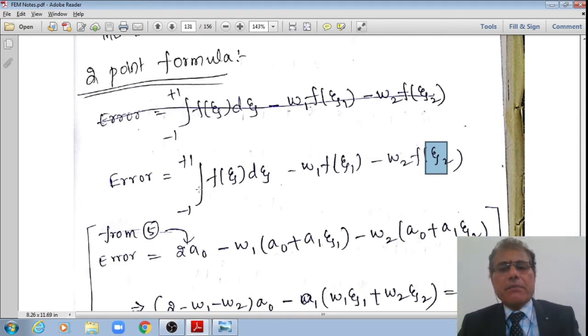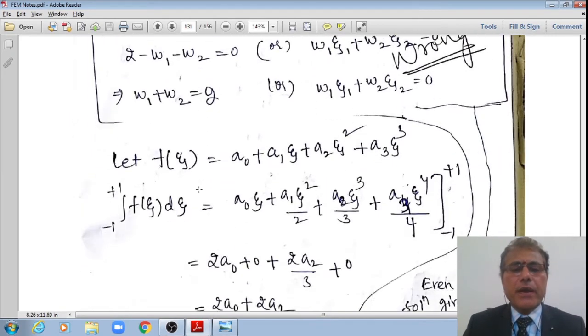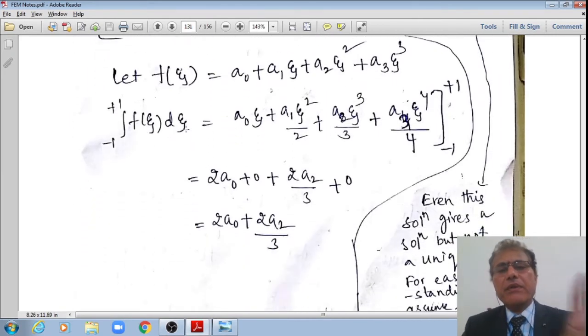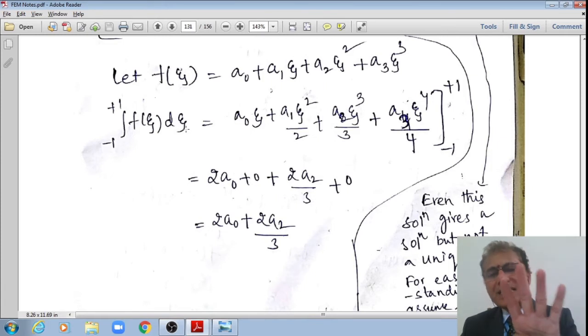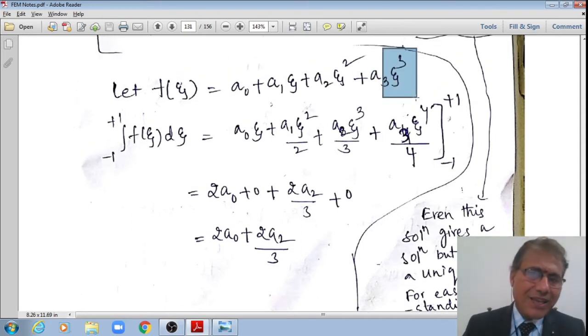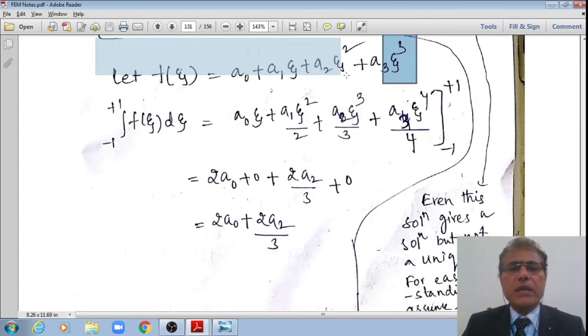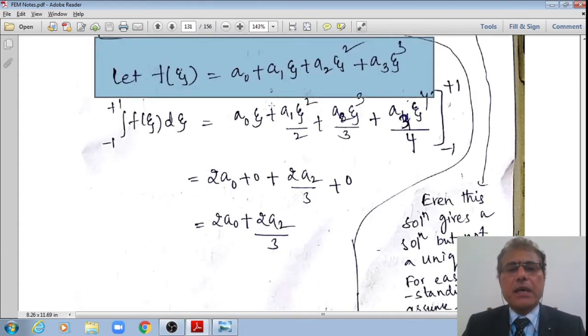Therefore, I must take a function f of xi having four constants a0, a1, a2, a3, that is a cubic polynomial, right? That is how I am proposing the function f of xi given by a0 plus a1 xi plus a2 xi square plus a3 xi cubed.